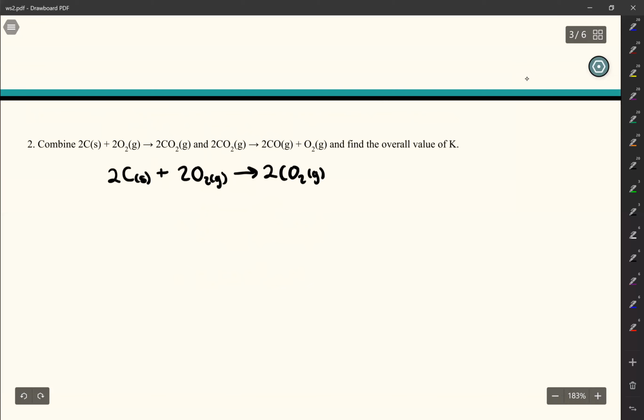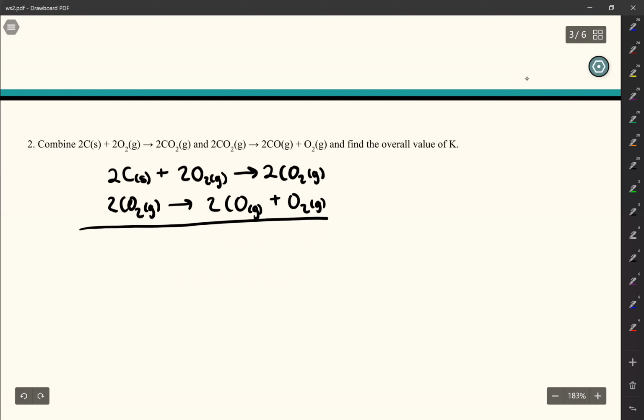And on this side, we have 2 CO2 becomes 2 CO gas plus oxygen gas. So if we add these two together, we can see that carbon dioxide on this side cancels out with the carbon dioxide on the other side.